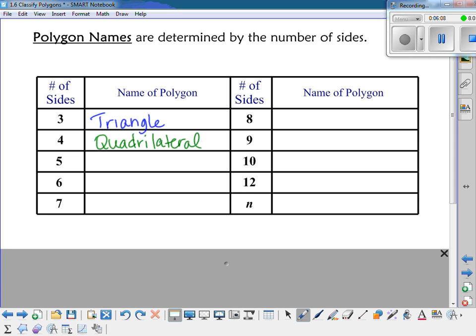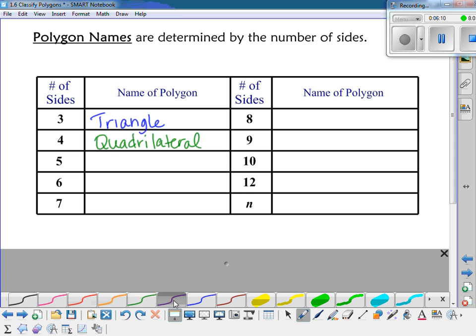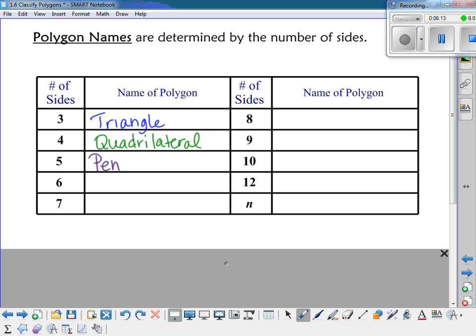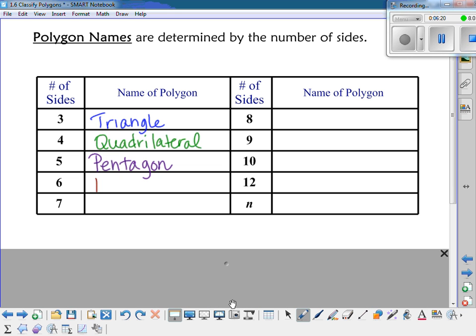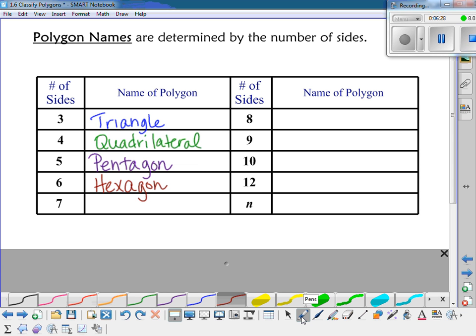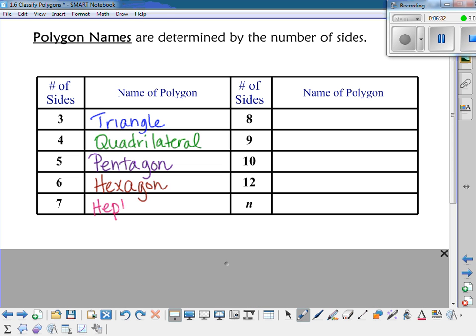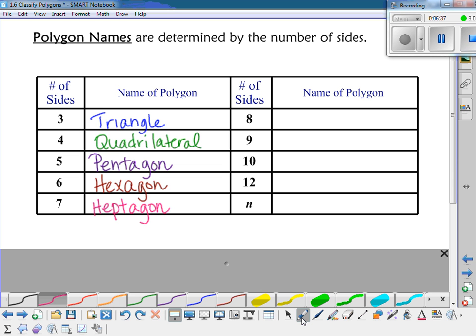If it has 5 sides, it is a pentagon, just like the Pentagon in Washington, D.C. 6 sides is a hexagon. And 7 sides, this one's one that people don't usually know, is a heptagon. If it has 8 sides, it's an octagon.